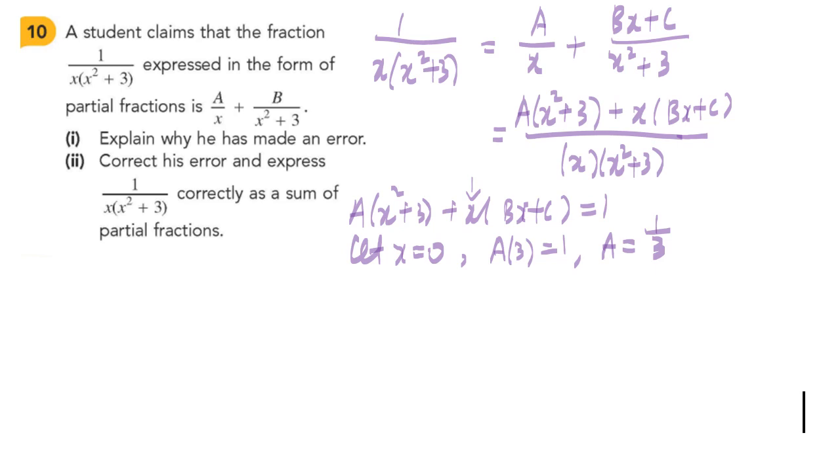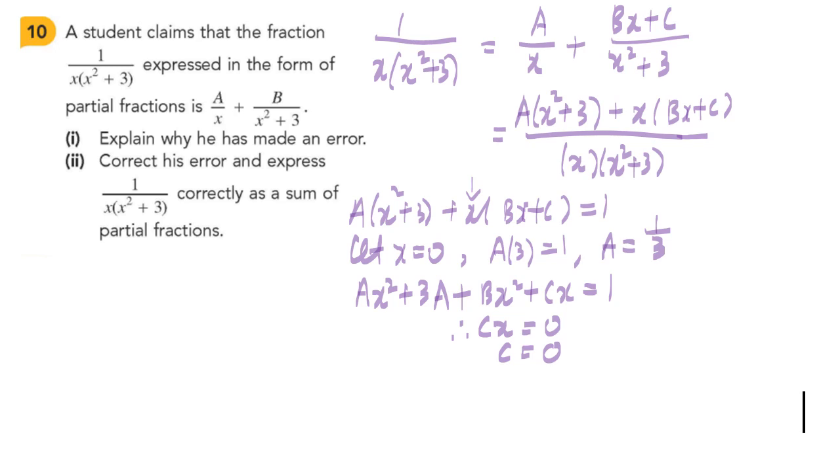Right, I think for the next one I won't be using any more substitution. I think it's easier now to compare coefficients of the similar terms, so I'm going to expand it. Right, so you observe that I don't have an x term on my right hand side. On the right hand side there's only a constant term, so therefore cx is actually 0, so that makes c equal to 0.